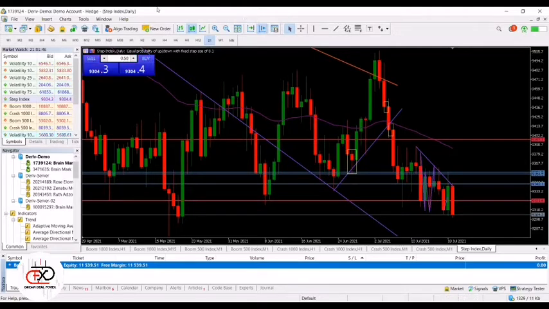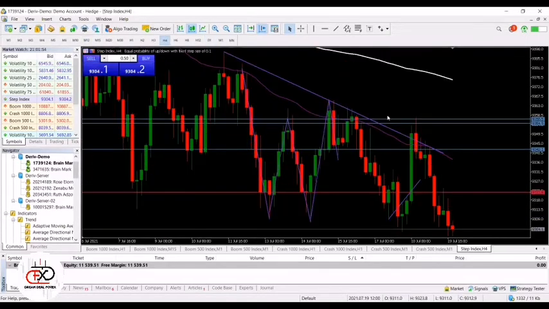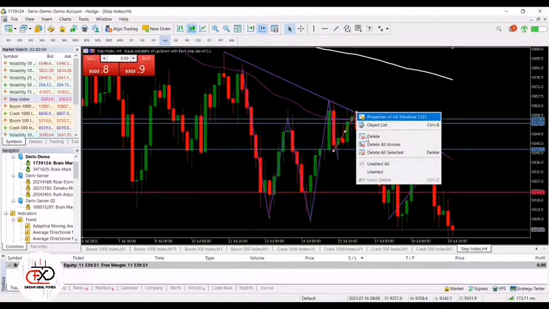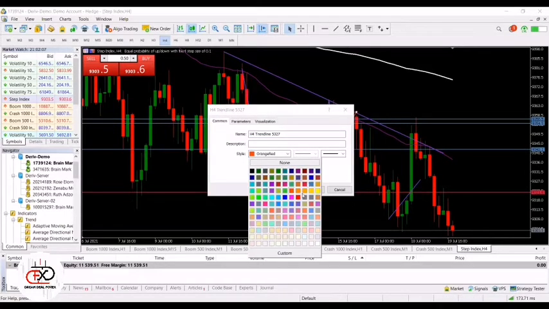Then let's review our analysis that we did on Step Index and see the outcome. So at this point here, realize that the market is nicely following the rules. Who took this trade on the demo? Probably.